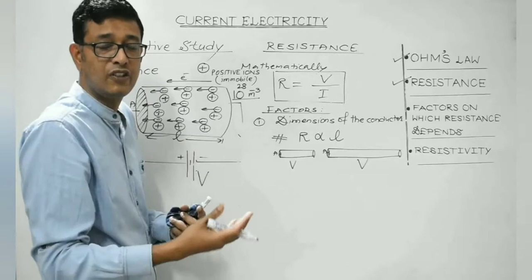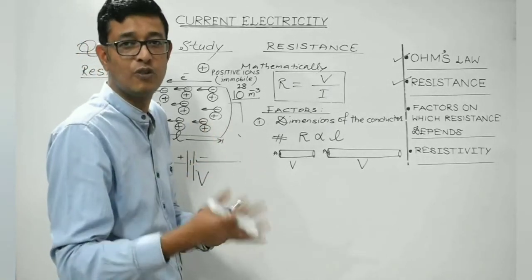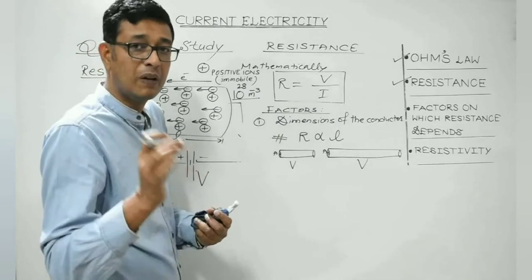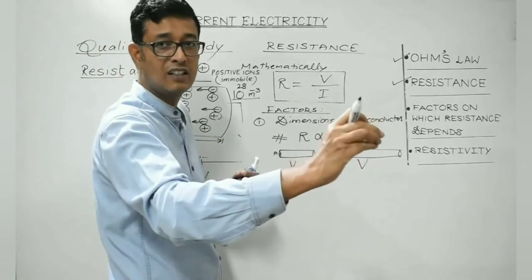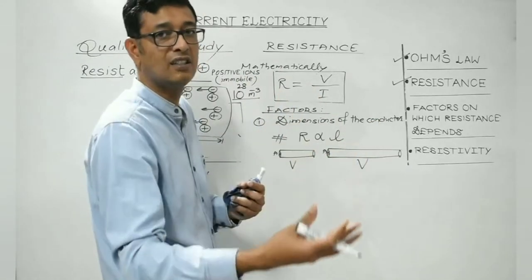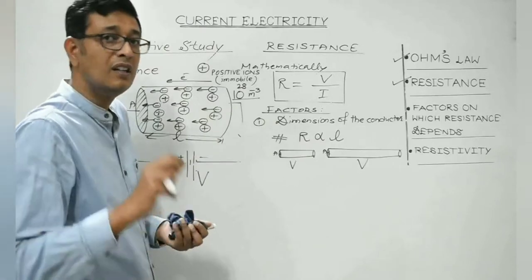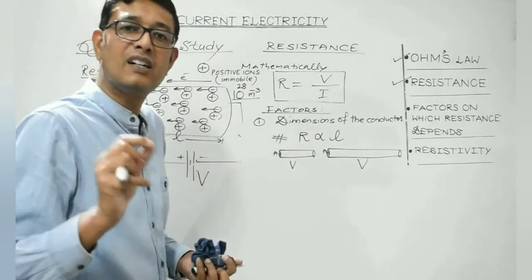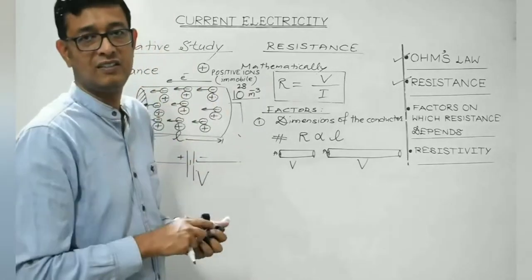The more the collisions suffered, the more the hindrance offered to the moving electrons, and the more will be the resistance offered by the conductor. So it is but natural that the greater the length of the conductor, the more will be its resistance. Students, this is the important point: resistance offered by a conductor is directly proportional to its length.